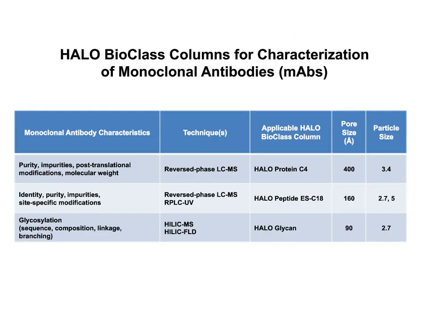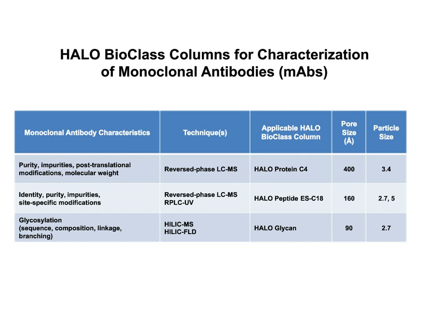Now I'm going to, again, switch tracks here a little bit to look specifically at the workflows for which we can apply both these improved chromatographic materials as well as mobile phase modifiers for monoclonal antibody analysis. And there's essentially three application areas that we'll be talking about.